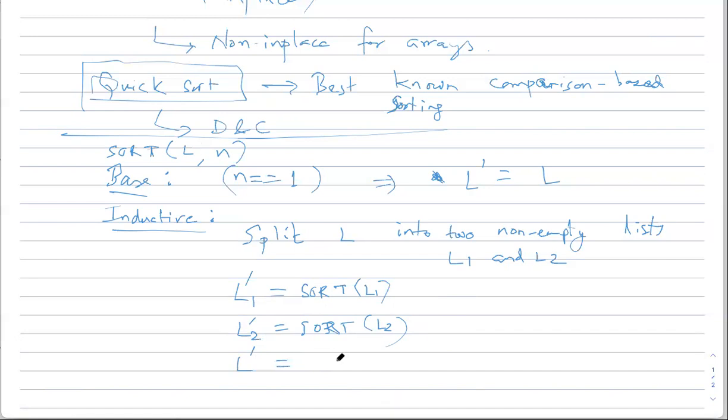So L dash is going to be the merge of L1 dash and L2 dash. In terms of the recursive strategy, this is our decomposition operation, and this is our recomposition operation. And then we are done.